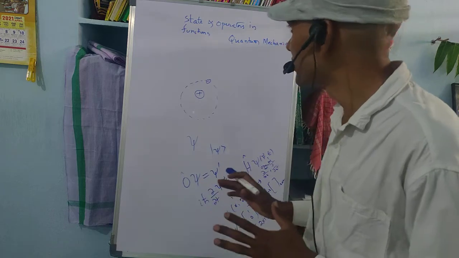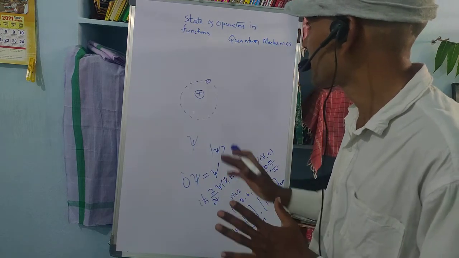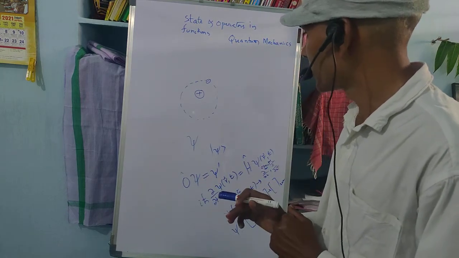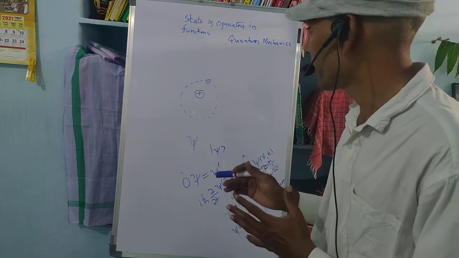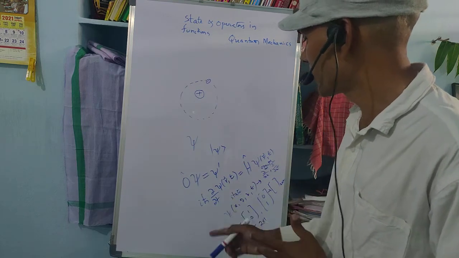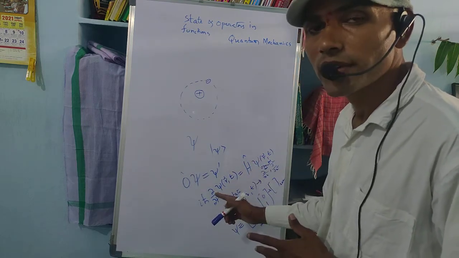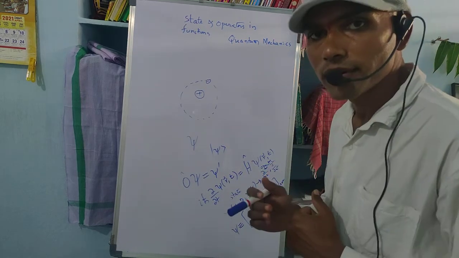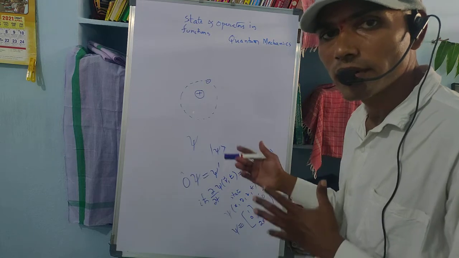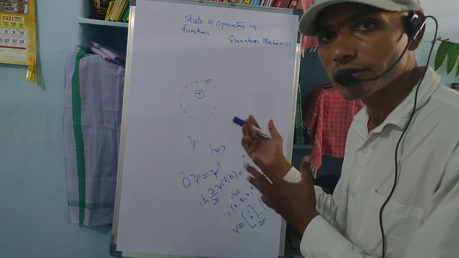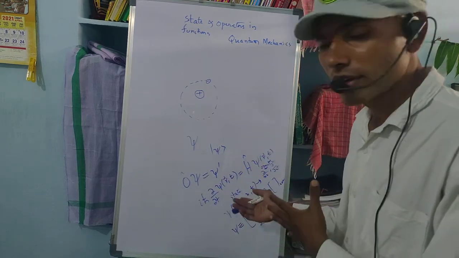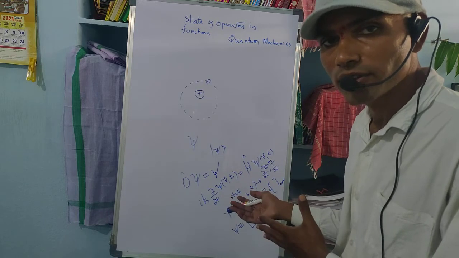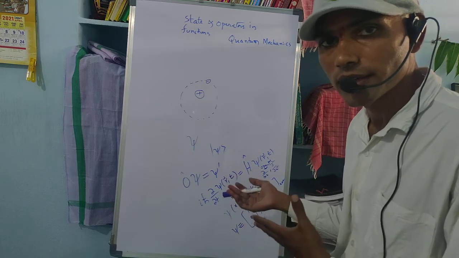But for now, in this video, what I wanted to tell you is that state functions are required in quantum mechanics, and they are governed by Schrodinger's wave equation. And operators are also important, because these operators, when they act upon these state functions, take them to a different state. And these state functions can be mathematical functions depending upon variables x, y, z and t.